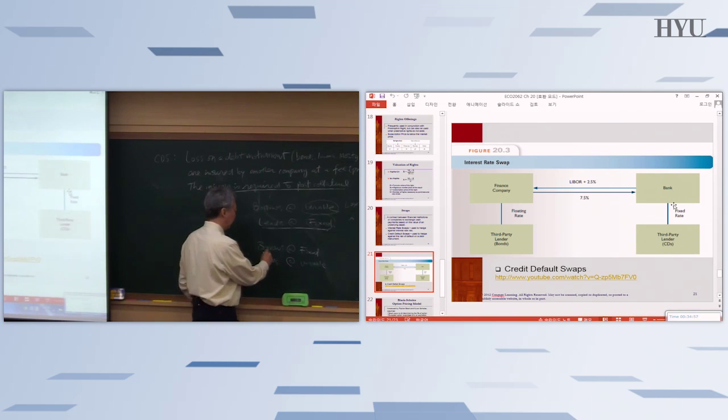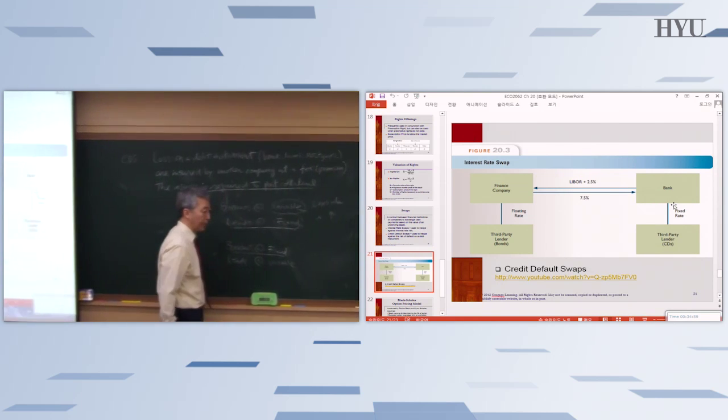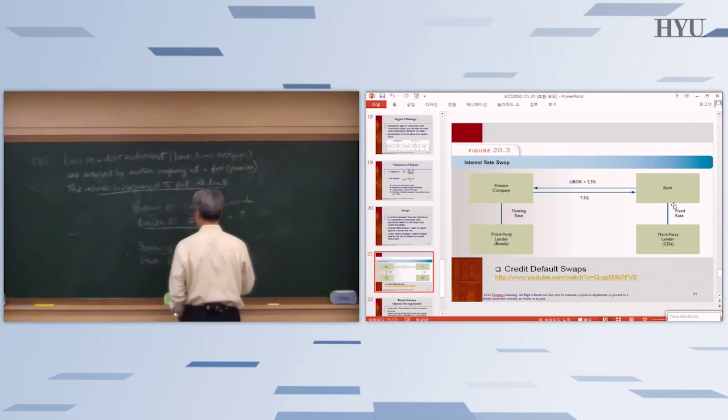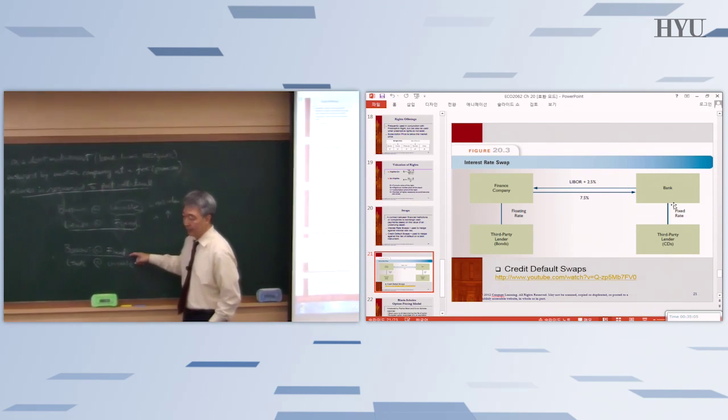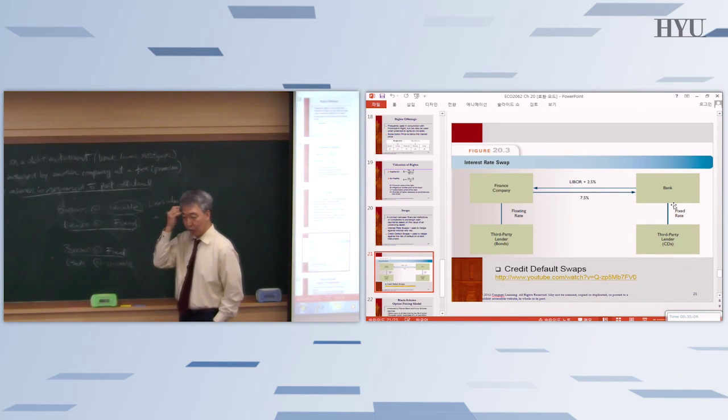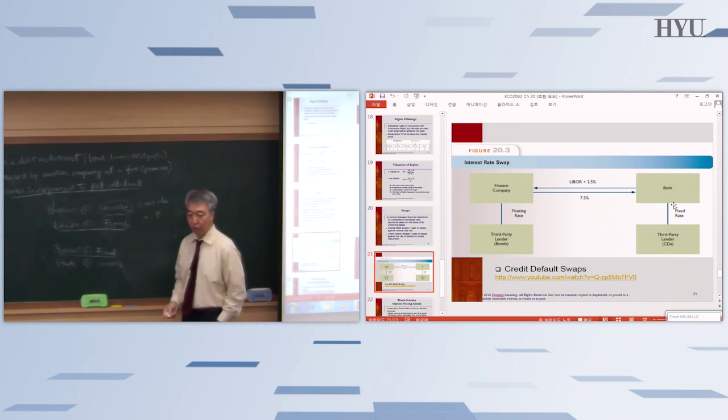So maybe they issue a bond at a fixed interest rate, and that's how they raise the capital. But when they lend, they promise a variable interest rate to companies or individuals.